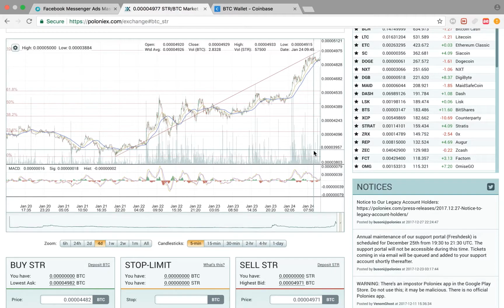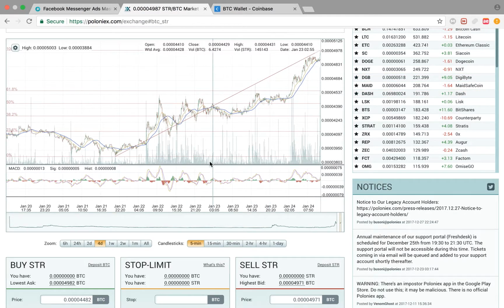Maybe around 15%. So a 15% increase over the last 4 days, or maybe the 3rd day until today. So in 3 days, and you can also see the amount of transactions.